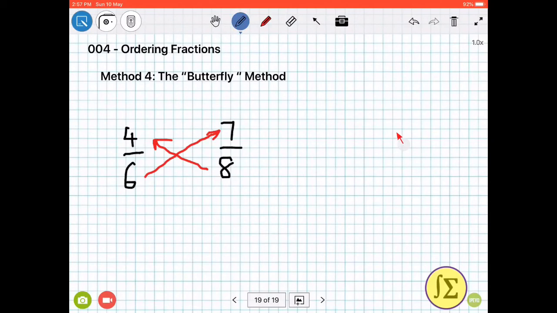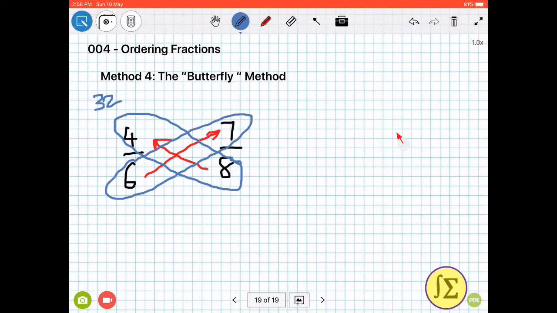So 8 multiply with 4, you get 32. And 6 multiply with 7, you get 42, right? As you can see, you have a shape almost like a butterfly. So that's another name for this, the butterfly method, right?